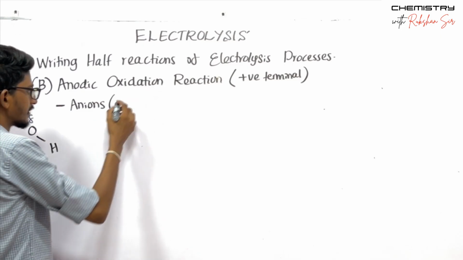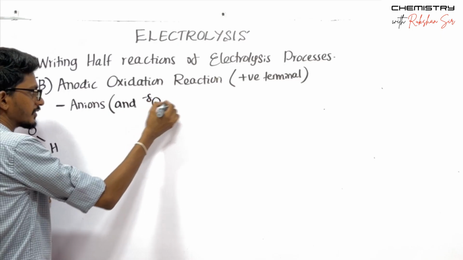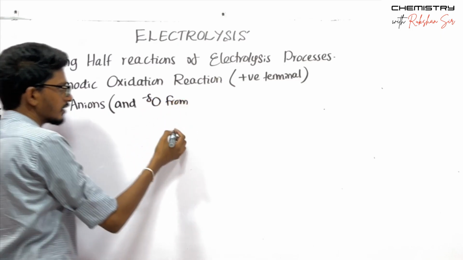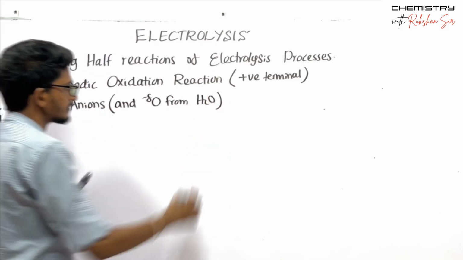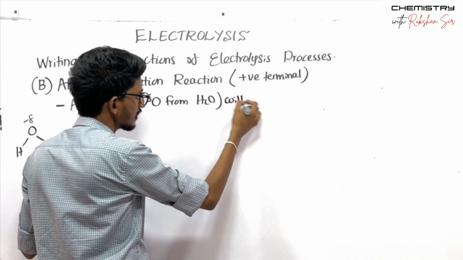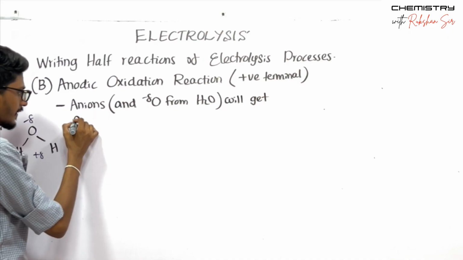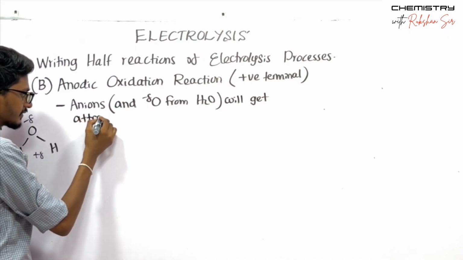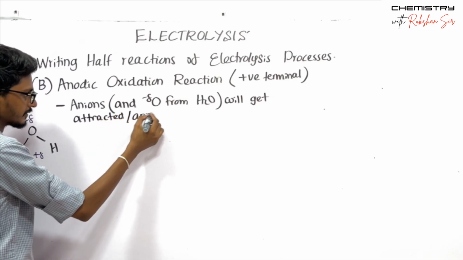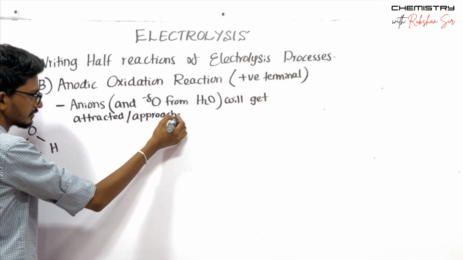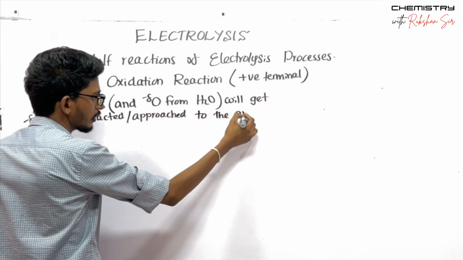So anions and negative delta oxygen from water will get attracted or approached to the anode.